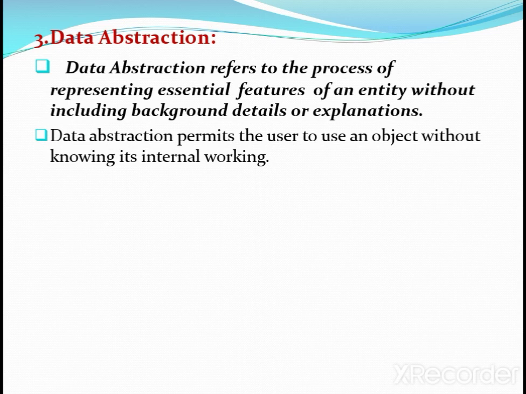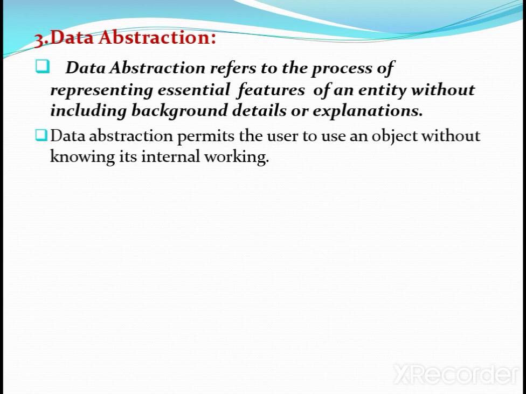Let us consider the same example of a mobile phone. Here, the attributes include the color, Bluetooth, built-in camera, etc. We are not considering how the Bluetooth works or how the camera works or even how the circuit inside the mobile is designed and what is happening inside.